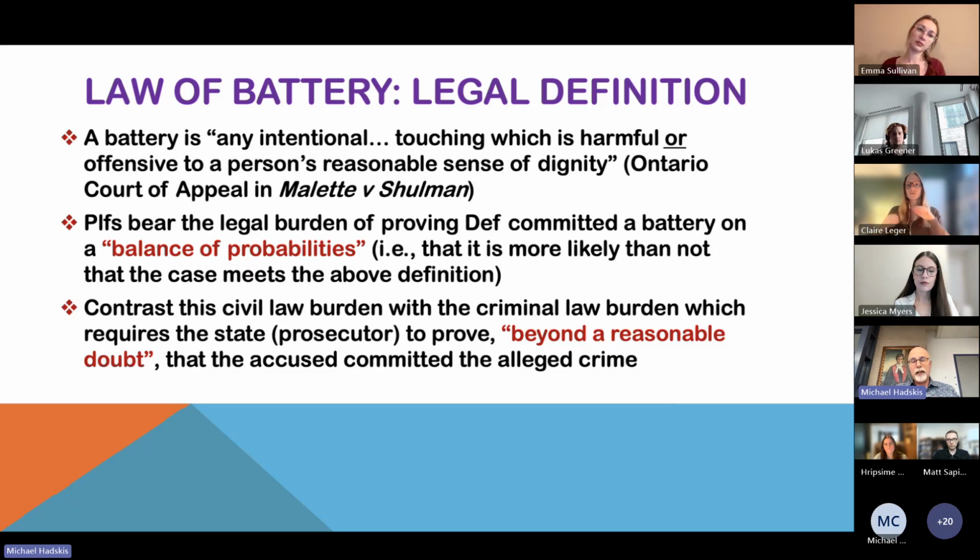That's much higher than a balance of probabilities for civil law, like battery. It is nearing, but not quite, certainty, but it's getting close. So think of a very, very high probability, substantially more than 51%. Okay, so in tort law, plaintiffs have a much lesser burden than criminal law.